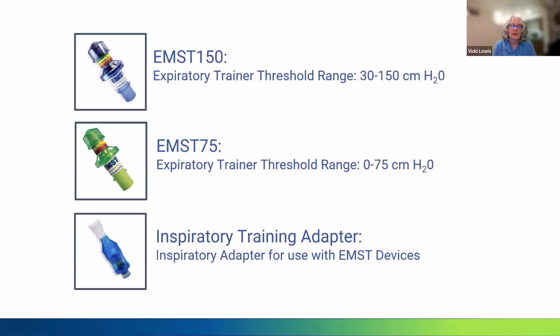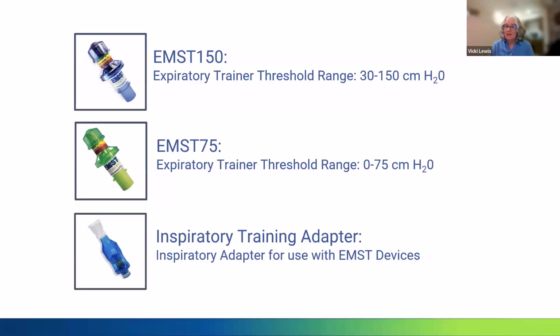And years ago, the EMST 150 device was sort of all we had. And now there's the EMST 75 that starts very close to zero. It only goes up to 75, but it has that much lower start setting for your patients who aren't able to generate enough force to open a valve set at 30 centimeters of water.